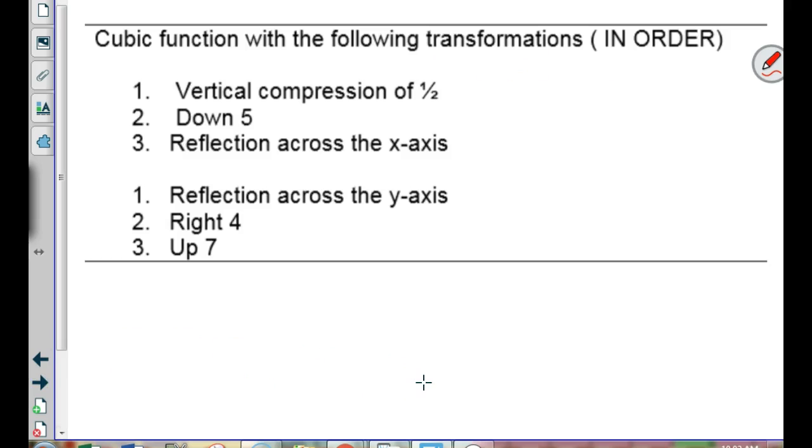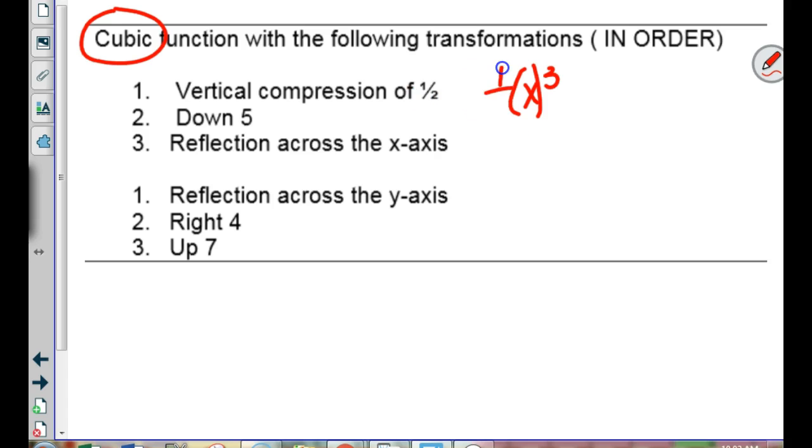Okay. What about this one, guys? This says use a cubic function, which is an x cubed. How do I vertically compress it by 1/2? Inside parentheses or outside? Okay. So right now, the only parentheses would be here.